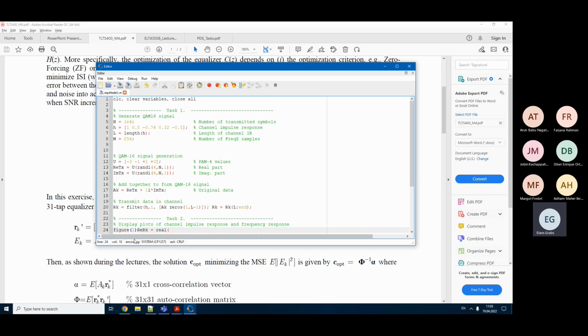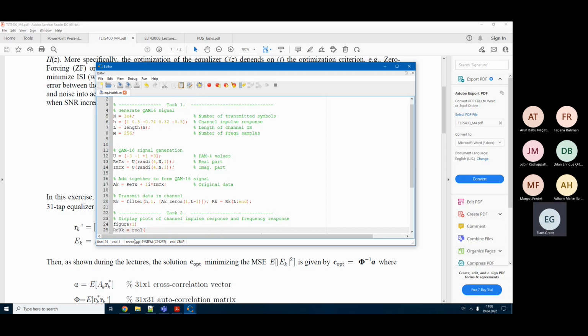But then again, considering that we will have an equalizer, and the equalizer has to be done before demodulation and detection, we can say that this is actually going to be QK. For now we say that we have no equalizer, so QK is exactly equal to RK.